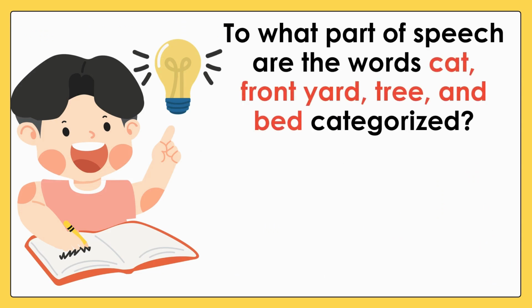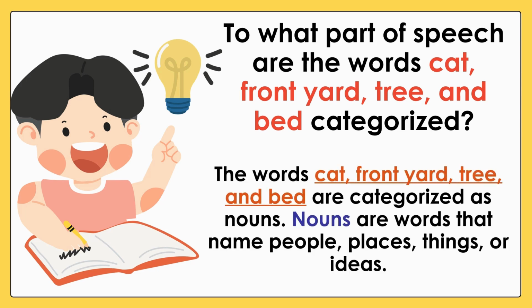To what part of speech are the words cat, front yard, tree, and bed categorized? The words cat, front yard, tree, and bed are categorized as nouns. And as we all know, nouns are words that name people, places, things, animals, or ideas.